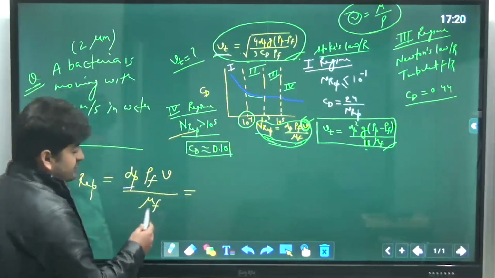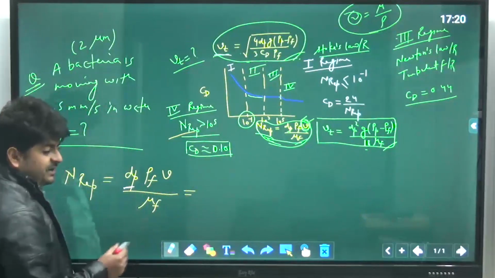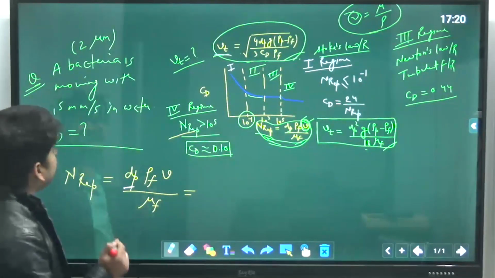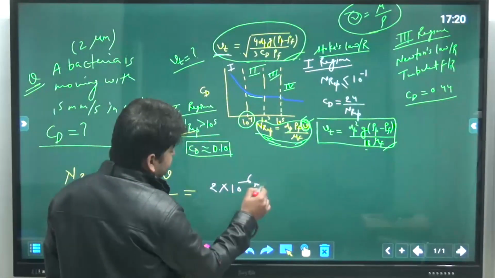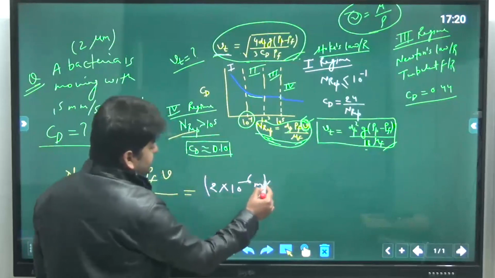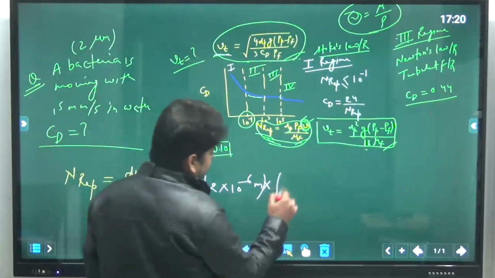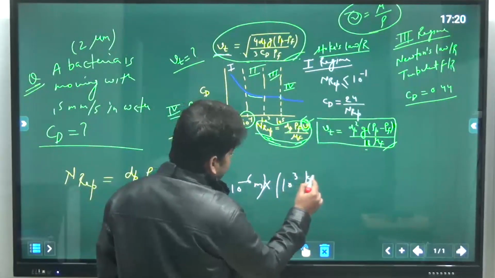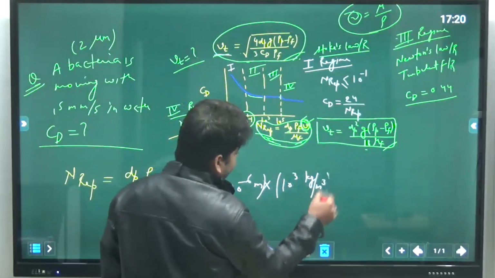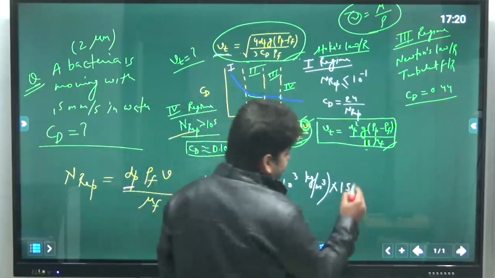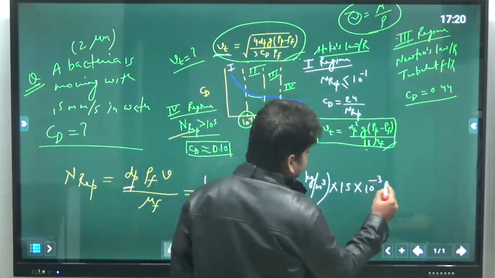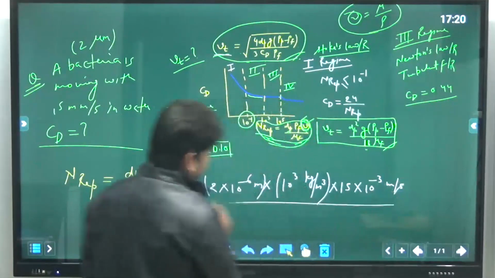Let's put the values one by one. The diameter of the particle, meaning the diameter of the bacterium, is 2 micron, so you can write it as 2 into 10 to the power minus 6 meter. The density of water is 10 to the power 3 kg per cubic meter. The velocity is given as 15 mm per second, or you can write it as 15 into 10 to the power minus 3 meter per second.